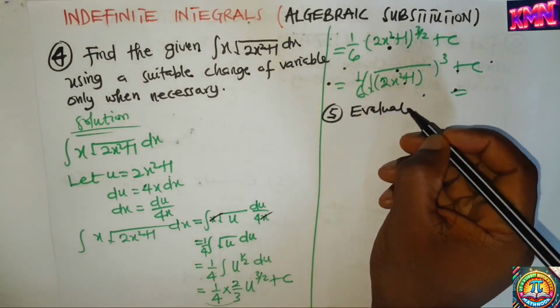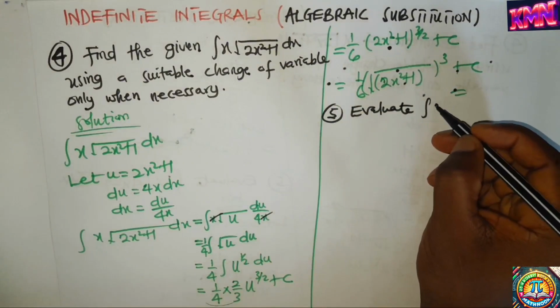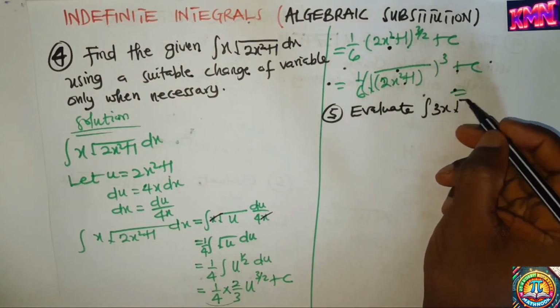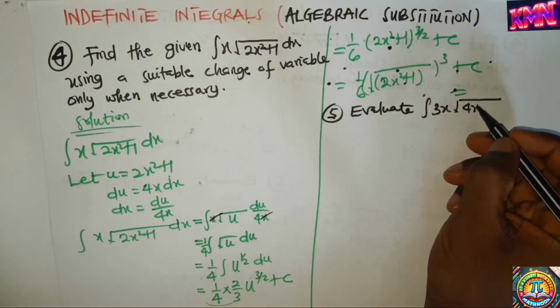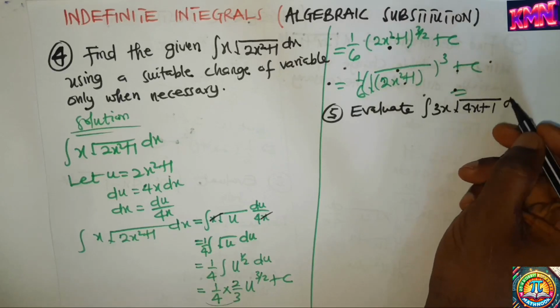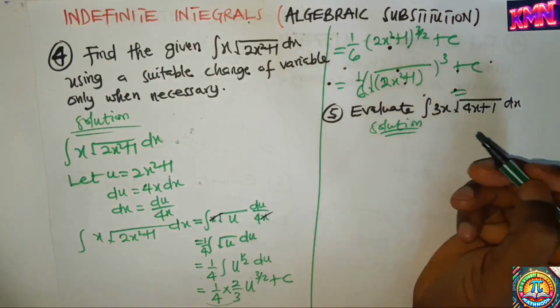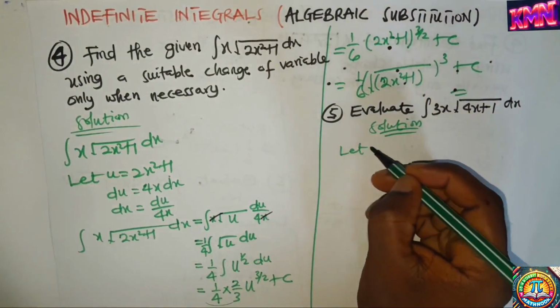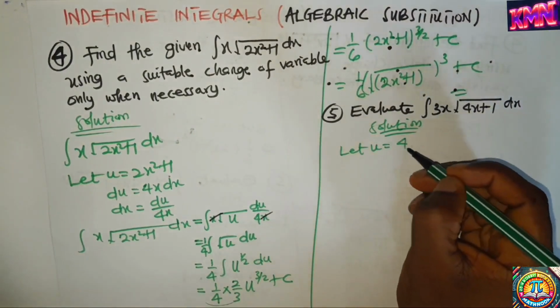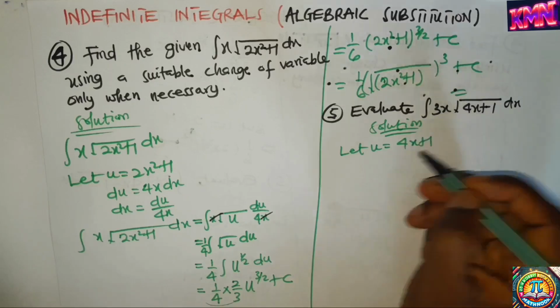evaluate the integral of 3x root 4x plus 1 dx. So we say let u equals 4x plus 1.